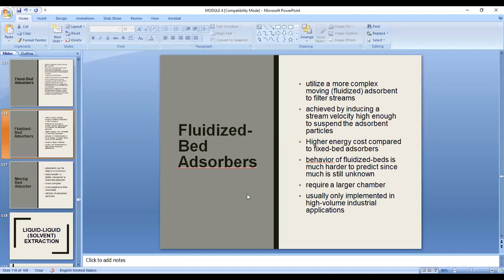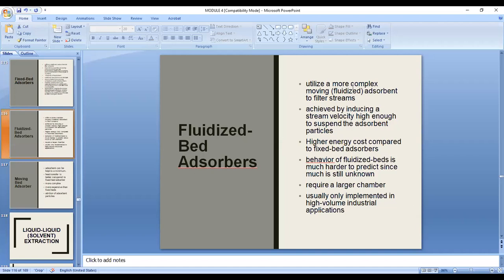So the velocity itself of the feed that is to be processed, what I mean is the feed that contains the solutes that need to be adsorbed on the adsorbent, its velocity is so designed that it will keep the adsorbents floating, or it will keep the adsorbents afloat during the process of adsorbing.